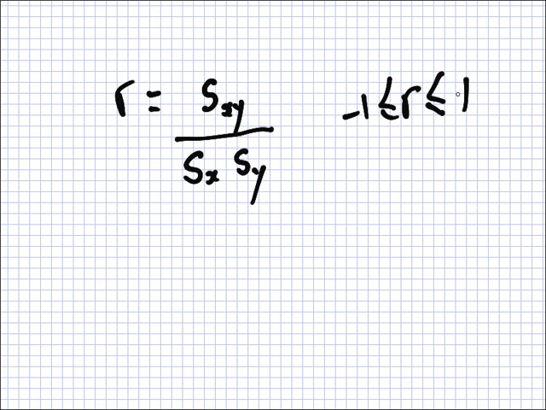No. So look, when the data falls perfectly on a straight line, what's the value of r? 1. And that must mean the top equals the bottom. So only for data that perfectly fits a line can we have these equal. Yeah?